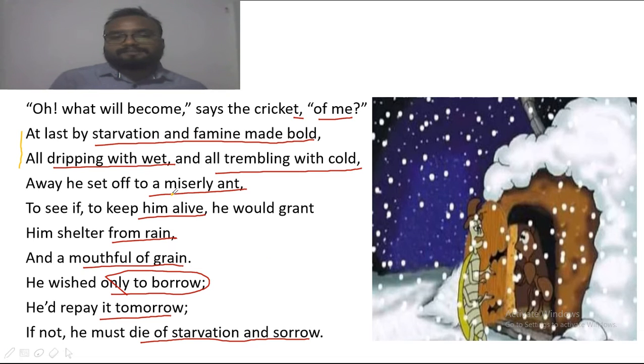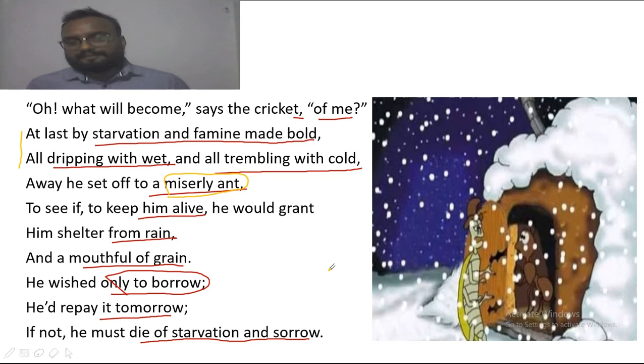Now miser, one who is a spendthrift, who spends something very miserly, not open-handedly. It means this type of person used to think about their future, and they used to preserve something for their coming days as well. So now he thought that he should go and ask some help from the miserly ant.